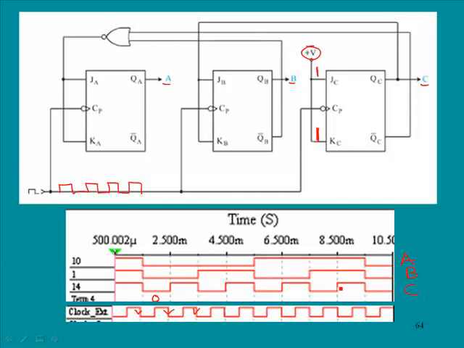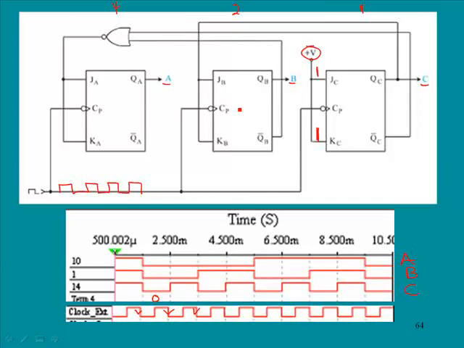And on every negative edge, this one is going to count. And this is effectively our one. Remember, we have the 1, 2, and 4 in our weighted positions in binary. And this is effectively our ones digit. And so it would be expected that it is going to toggle on every single count, but that our 2 and our 4 will not.